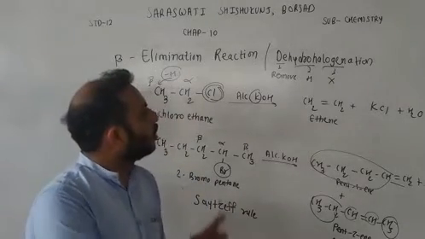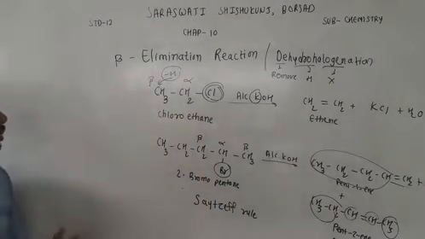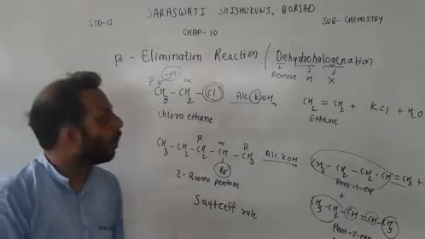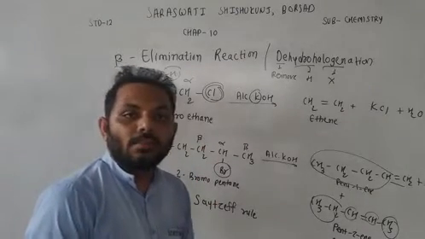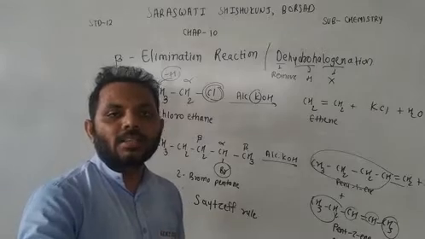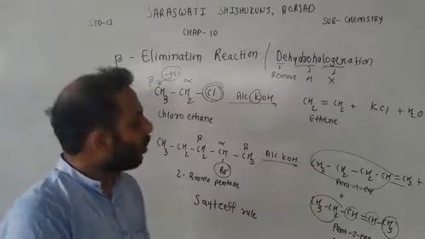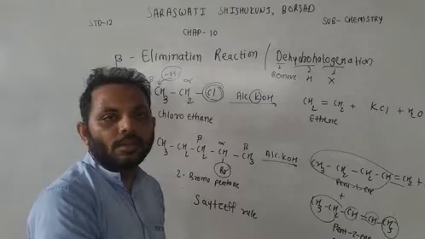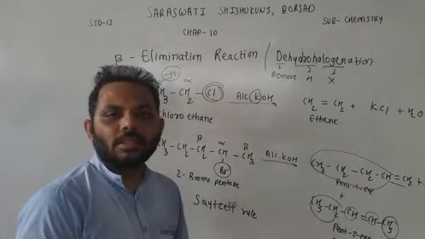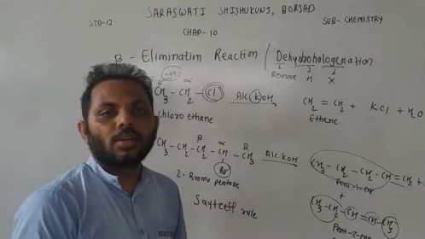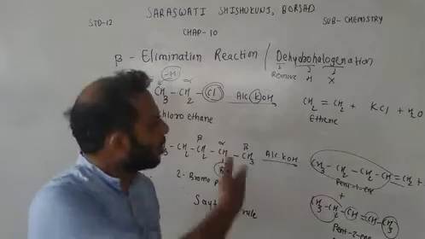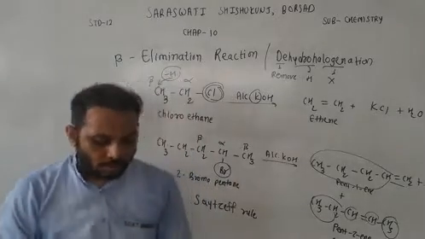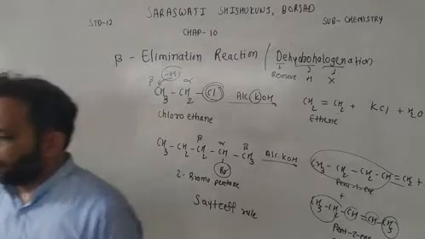Okay, so this is all about beta elimination or dehydrohalogenation. In the exam, if they ask to write a note on beta elimination, you are supposed to write both these reactions, right? They can also ask to write a note on dehydrohalogenation. So the answer will be the same. Now we are going to discuss another topic.